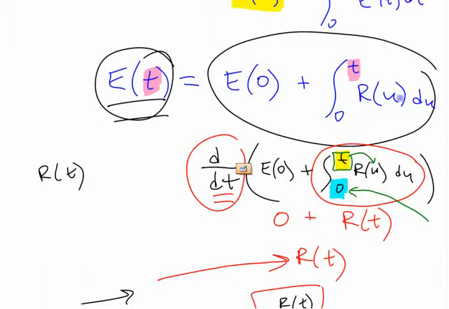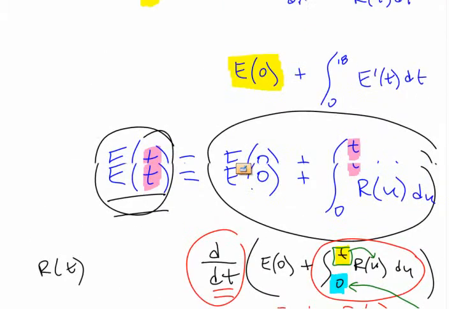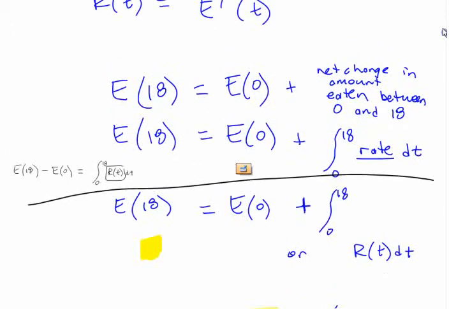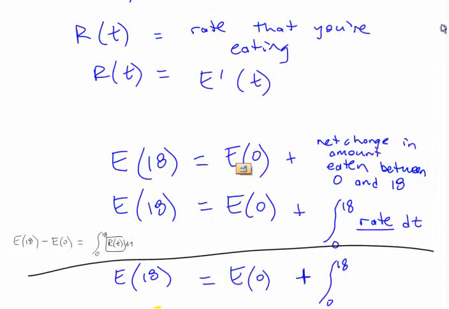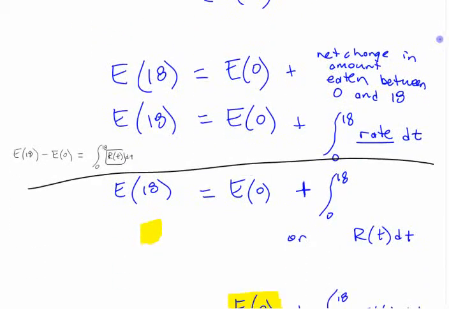Functions that involved integrals, and the one that we were using was the amount you had eaten at some point in the day. And the way we defined it was, at first we wrote an expression for the amount you had eaten at 6 o'clock at night.